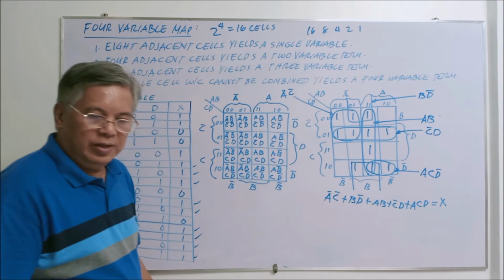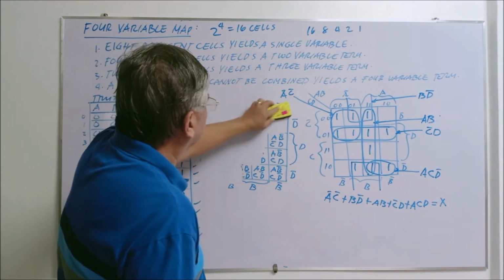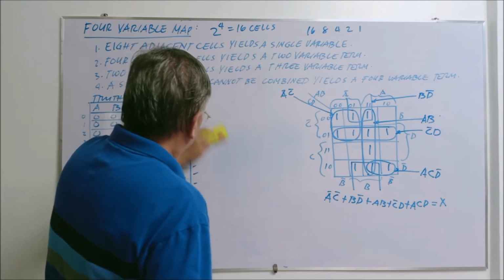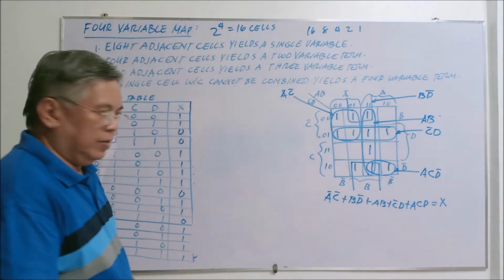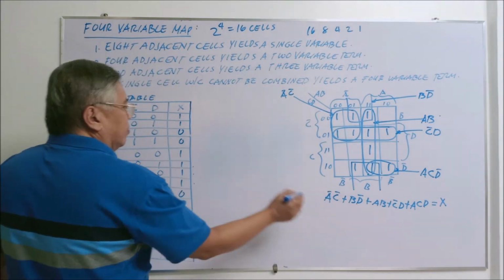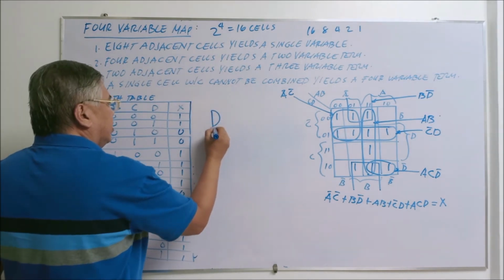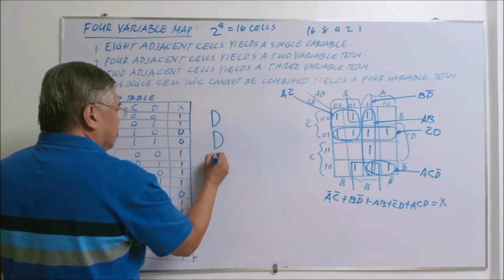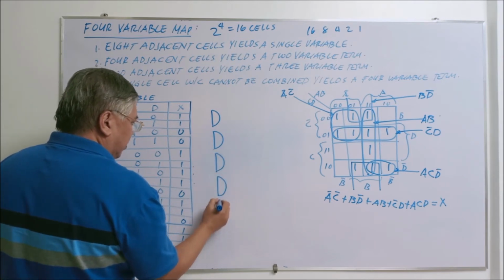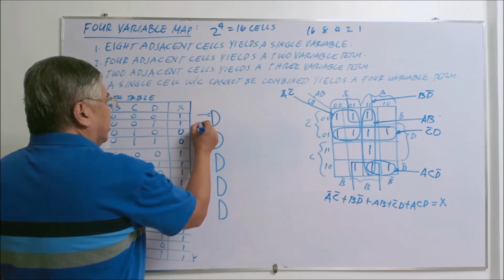Okay, so let me erase first this area here. Okay, so we draw the logical circuit of this equation. 1, 2, 3, 4, 5 AND gates. So you have inputs A bar, C bar.